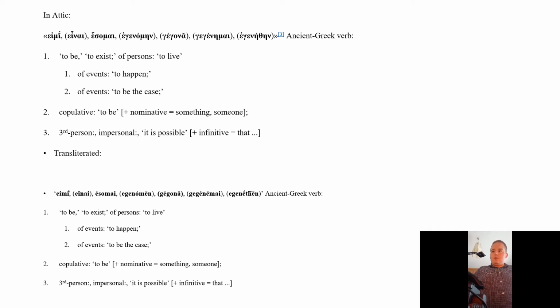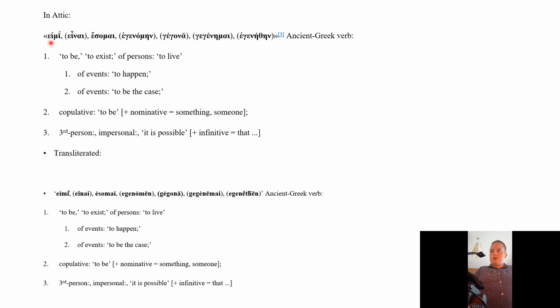So these are the principal parts of the ancient Greek verb, and from these principal parts one can construct all of the morphologies of the verb, all of the grammatical instances of the verb.